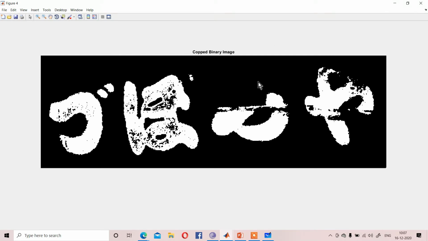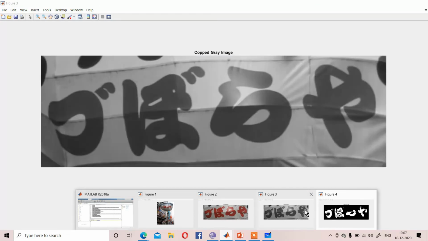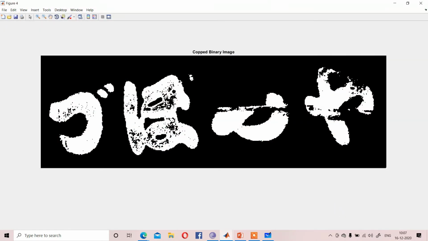Now the problem is that you can check it's not segmented properly. Whatever data is written here, it's not segmented out properly. So that is the problem. To solve that problem, we need to use morphological image processing. I have told you the data written here must be 1, but you can check these black dots define 0, so those dots must be 1.